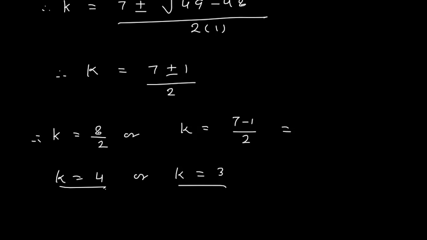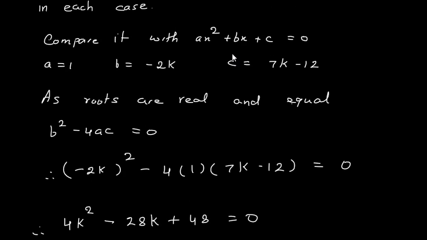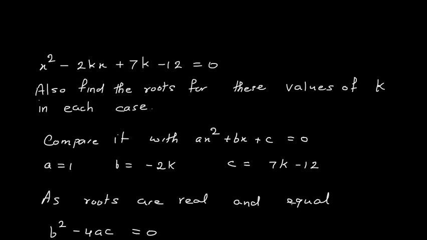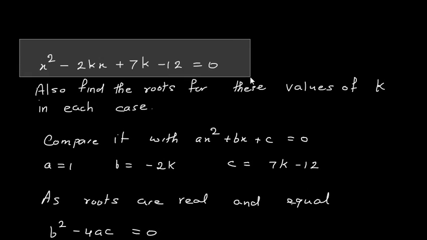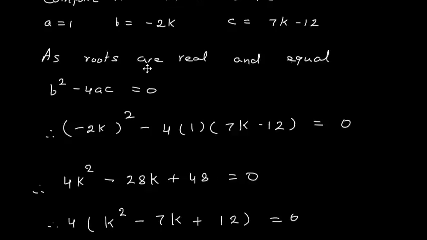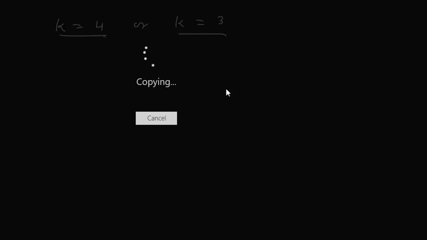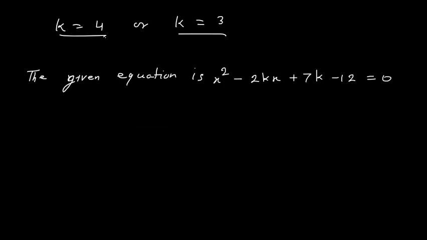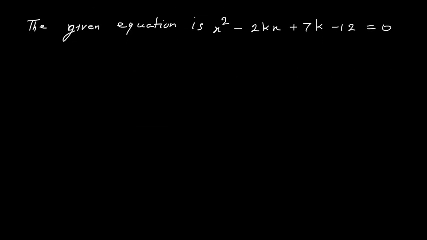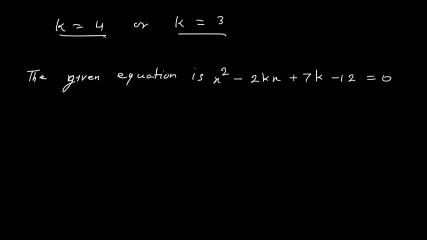Now I have to use these values of k and find the roots. So this is our equation. Our equation is x square minus 2kx plus 7k minus 12.